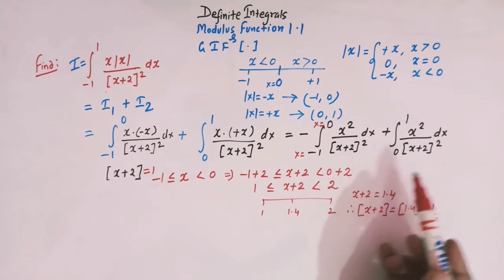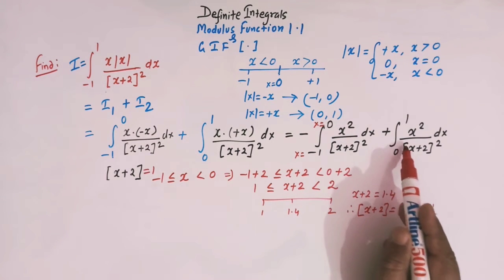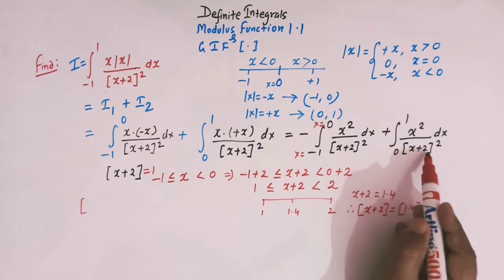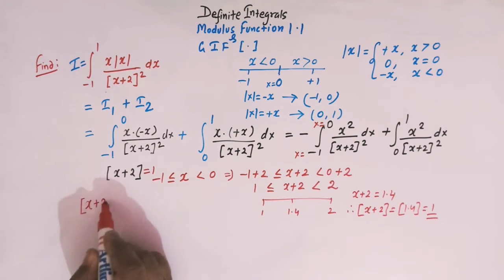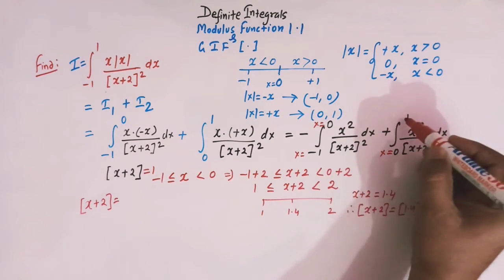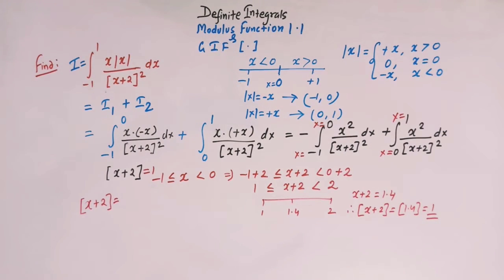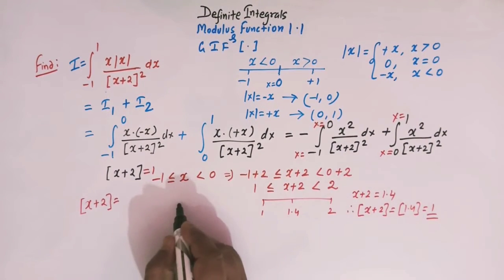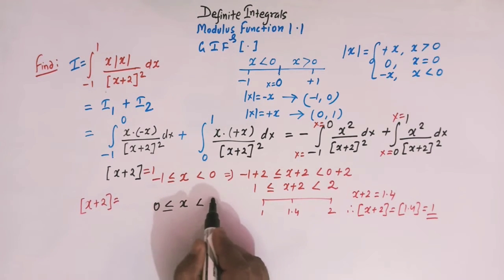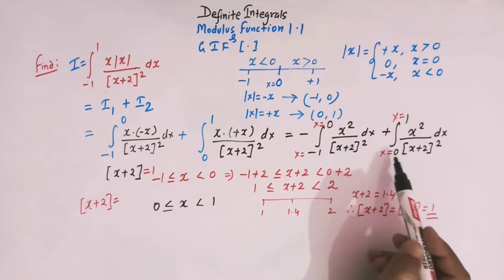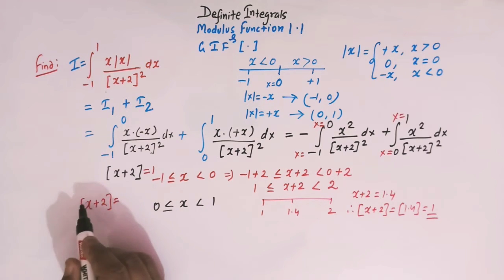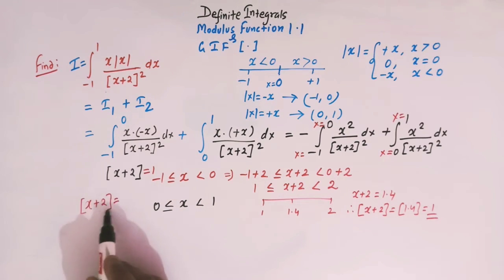Okay, now let us take this integral, that is I2. So here we have to assign a value to greatest integer of x plus 2. Now here x varies from 0 to 1. So now we can write x greater than or equal to 0, and here we have 1, right? So x lies between 0 and 1. So when x lies between 0 and 1, we need to find the value of greatest integer of x plus 2.